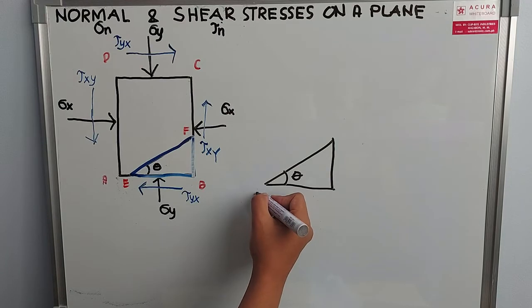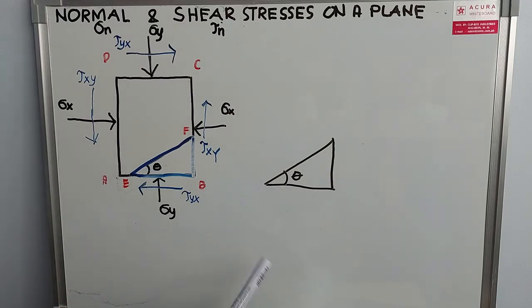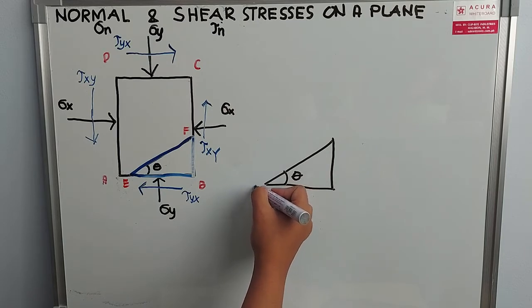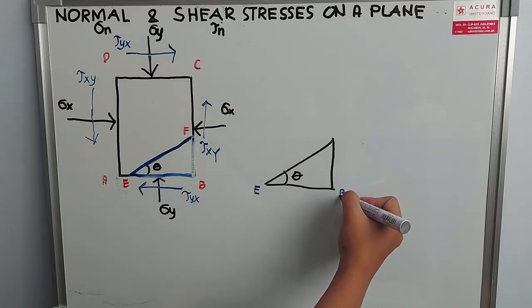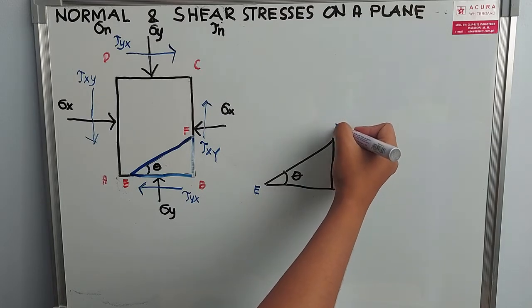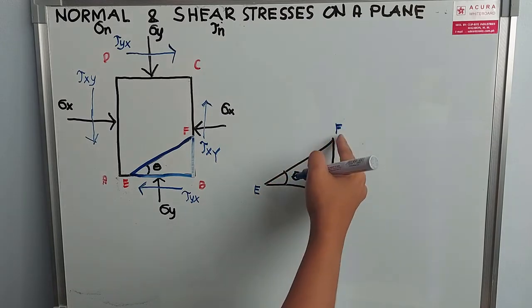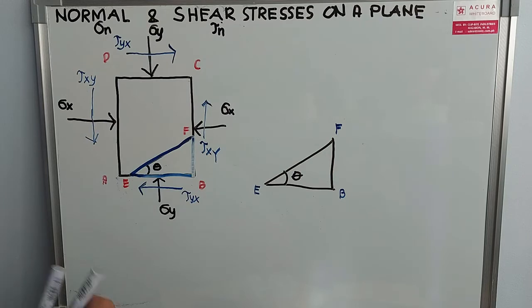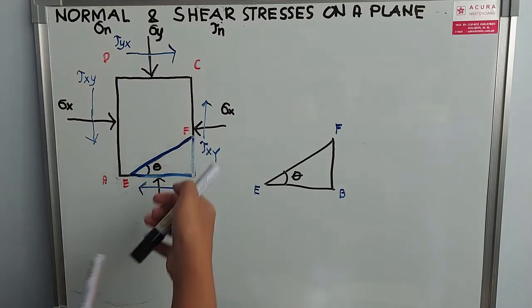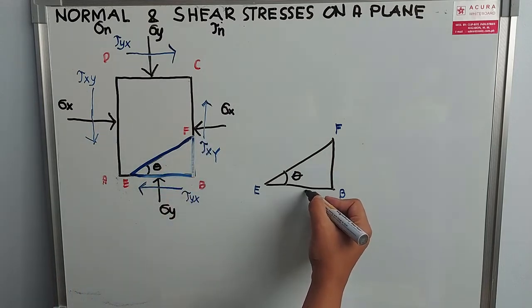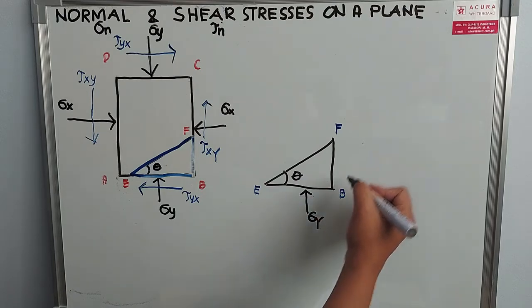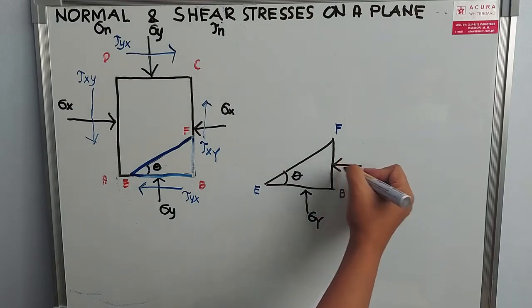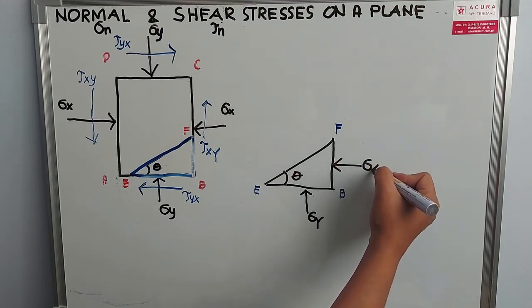So this is plane E. This is B. This is F. So this is your plane EF. And then, let's also copy the forces acting on it. We have here your normal stress along y direction. We also have your normal stress along x direction.